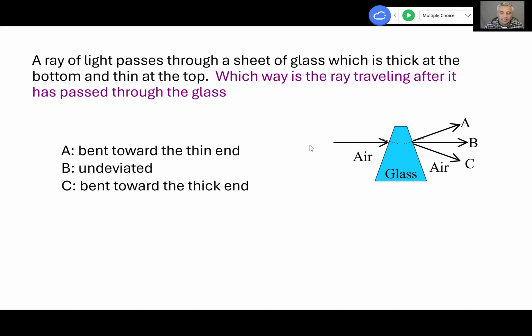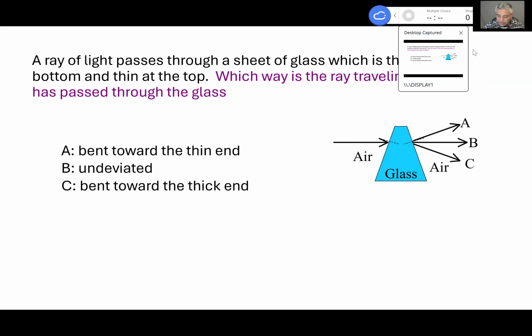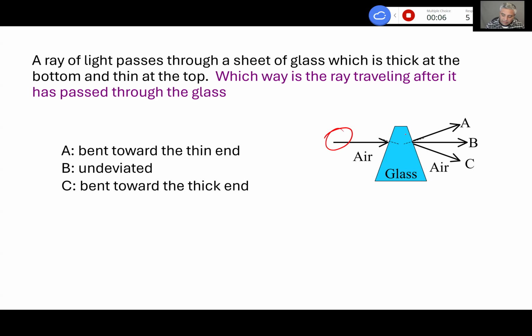Keeping that in mind, which sketch here is the better sketch showing the situation? Light enters from here in the air and then goes to this glass piece, where this dashed line shows the normal, and then there is air on this side and air on this side. Of course, the glass prism is sitting in the air.